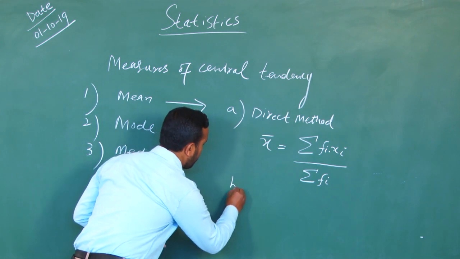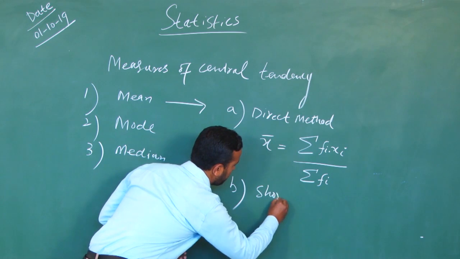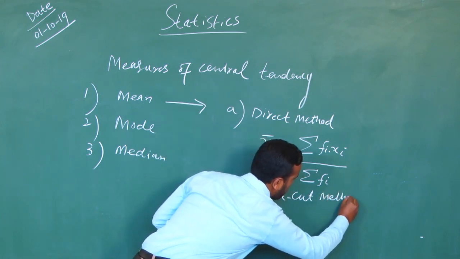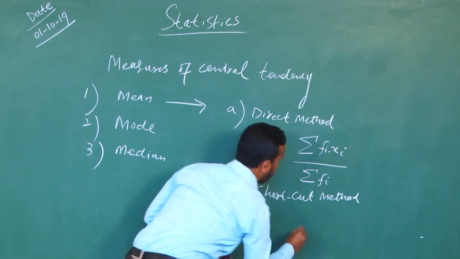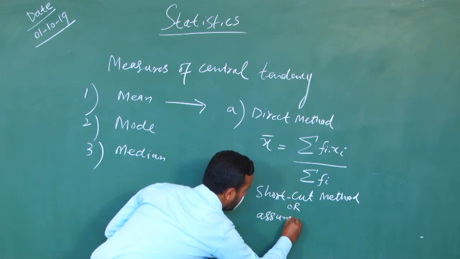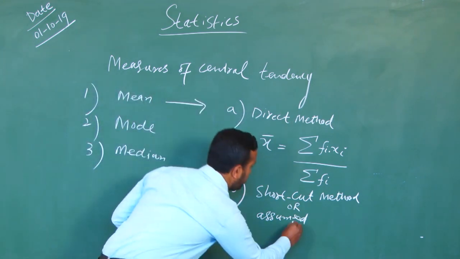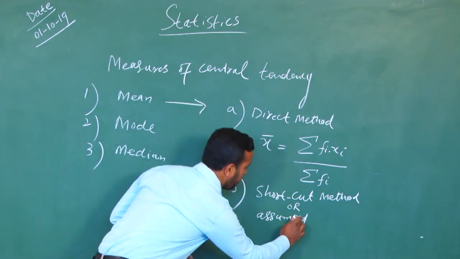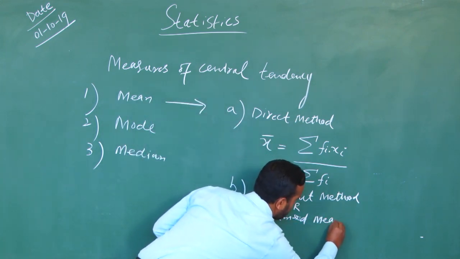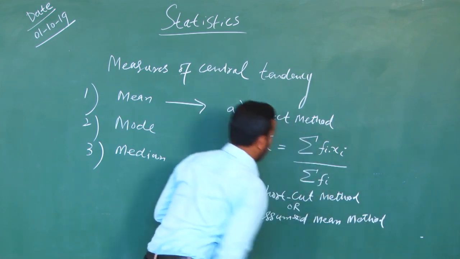The second one is known as the shortcut method, or the assumed mean method, in which we will learn how we assume the mean of the given data in tabular form and how we calculate it.